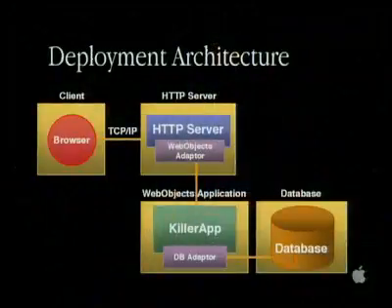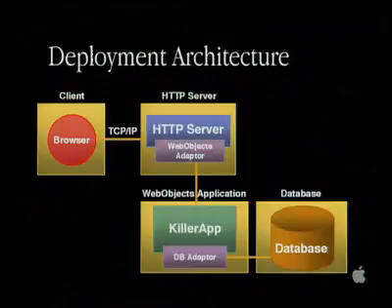Here we have the deployment architecture in more detail. In the upper left, you have the client browser, which is making a request to your HTTP server. On the HTTP server, we have this piece of code that knows what to do with requests to your WebObjects application.